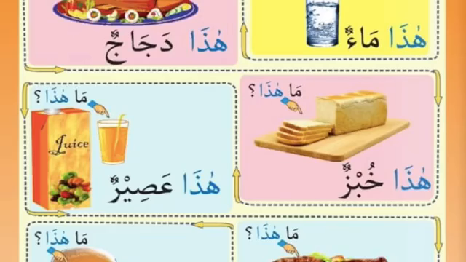In the picture, what do you see? Yes, you see bread, right? So bread is called in Arabic khubzun. Khubzun. Bread. So you want to ask what is this?